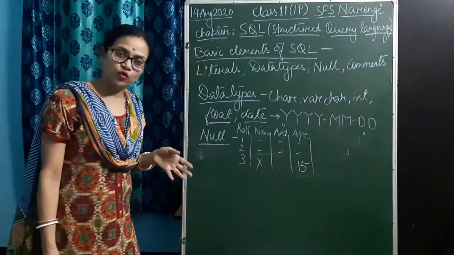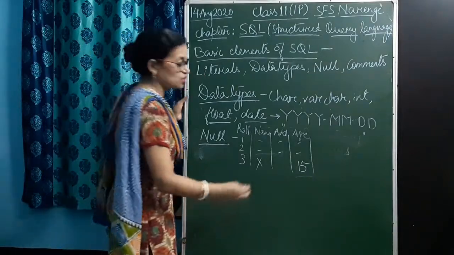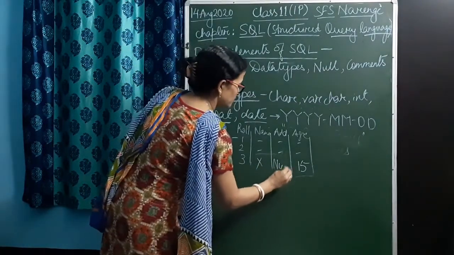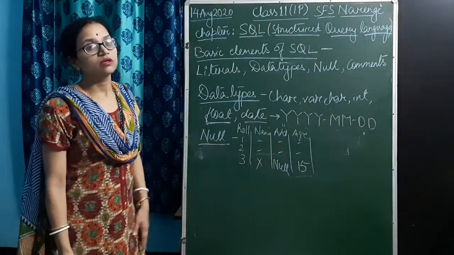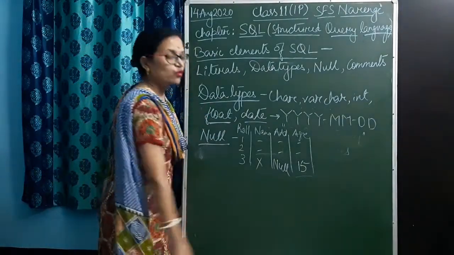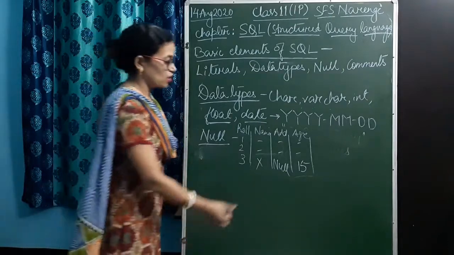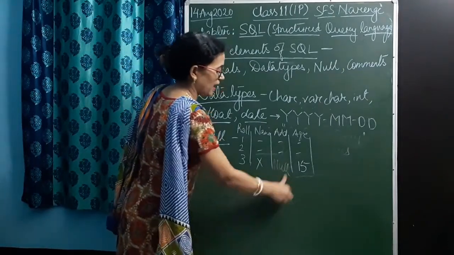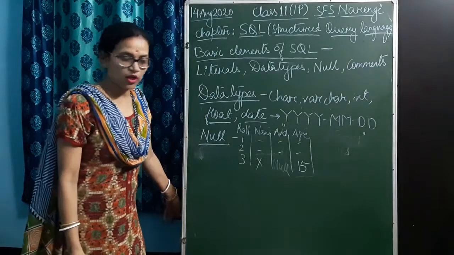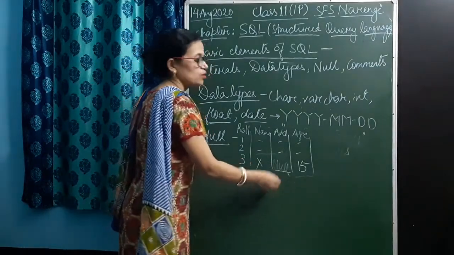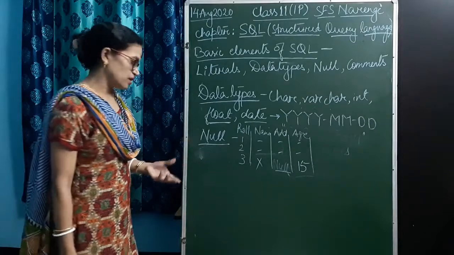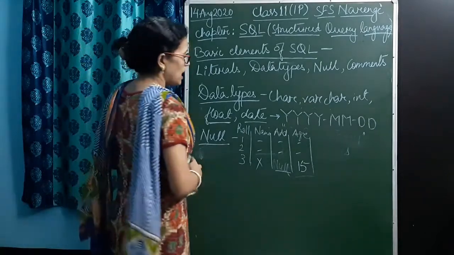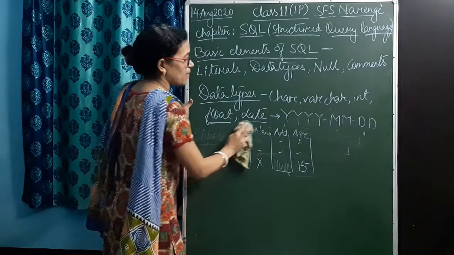So in place of address, I need to write null. And then I move on to the next value for the roll number 4 entry. I cannot leave this field blank and come out. So it's best to enter this particular field with the value called null. Clear, dear students?